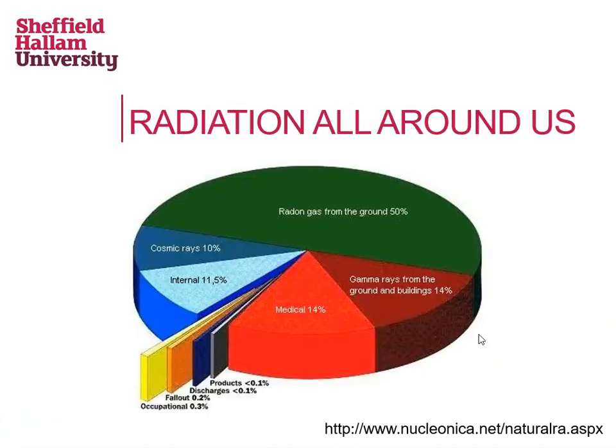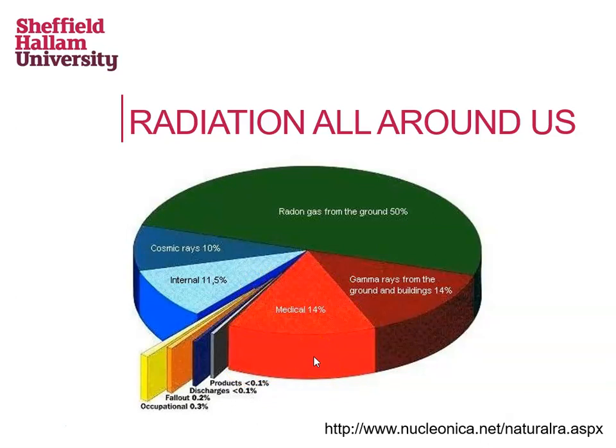And when we look at why we get exposed to radiation, it comes from lots of different places. So for most people, occupational exposure is a tiny fraction of it, whereas if you're working in the radiation industry, it's going to be a much more major part of it. Medical x-rays and imaging accounts for about 14% of the radiation that we receive on average.